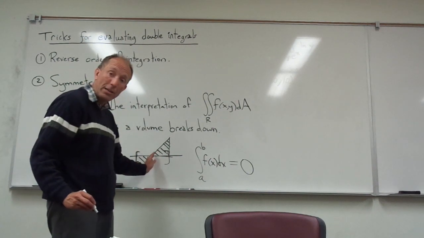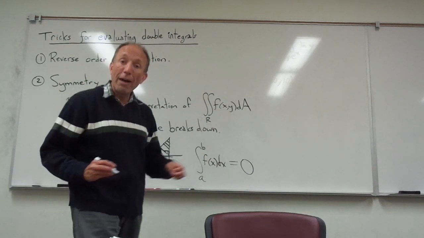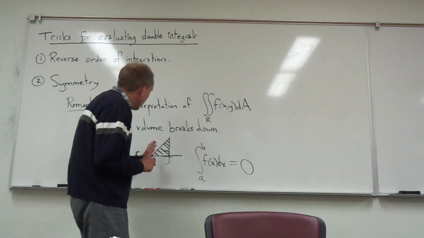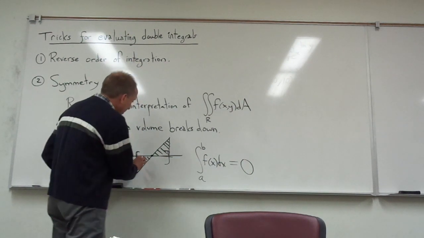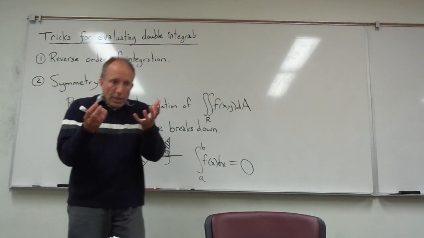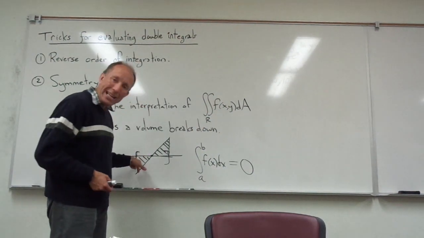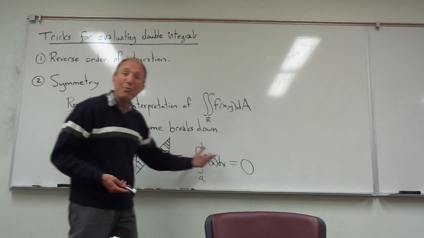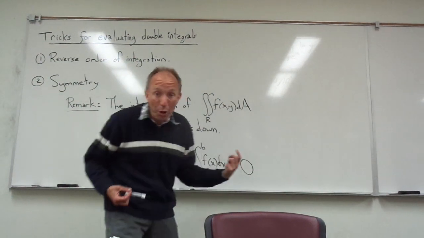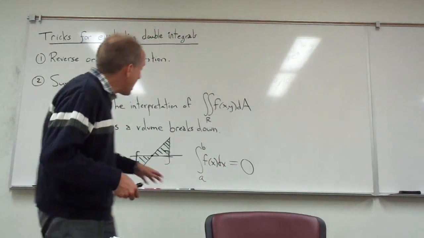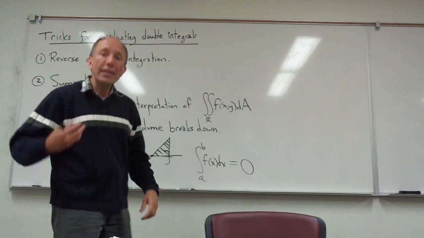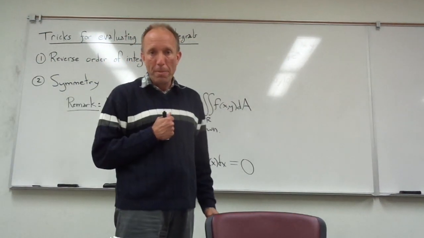It's going to be negative, but then it's going to cancel out on the right-hand side where it's positive, and basically these two areas are the same. But the integral counts this one as negative and this one as positive and reports a net total of 0, even though the actual shaded area has to be a positive number.